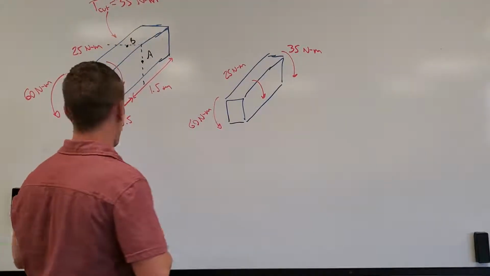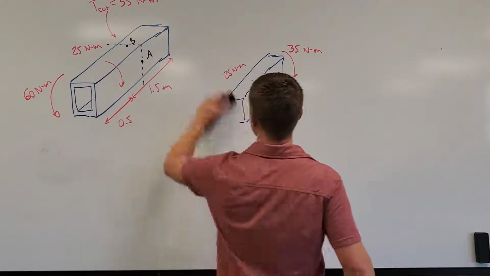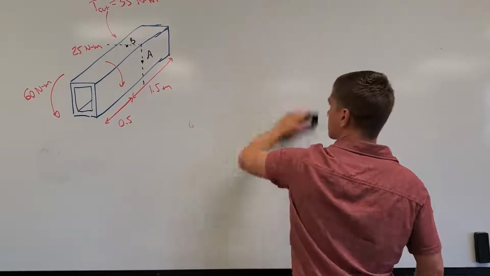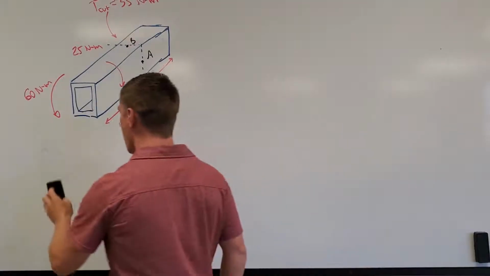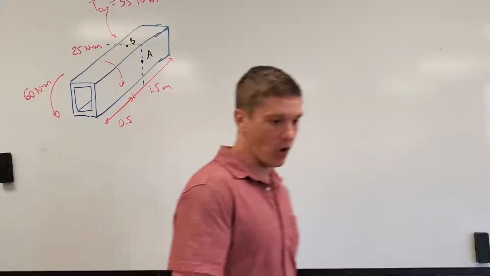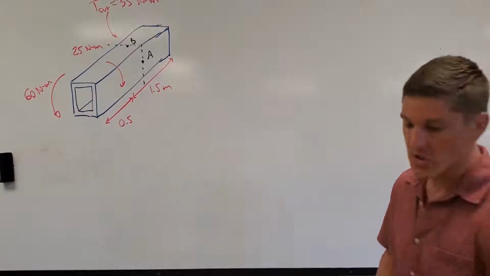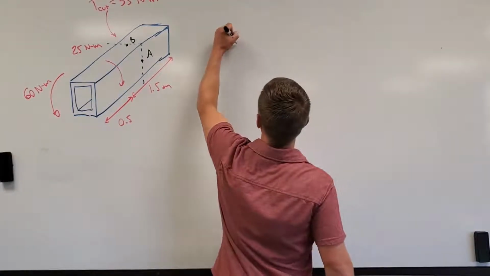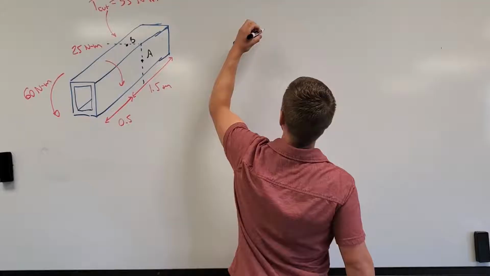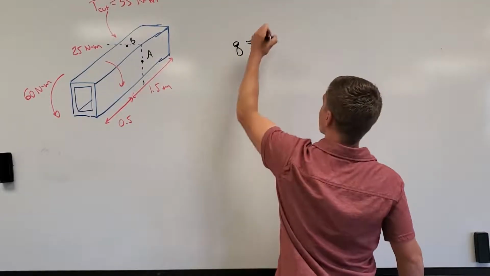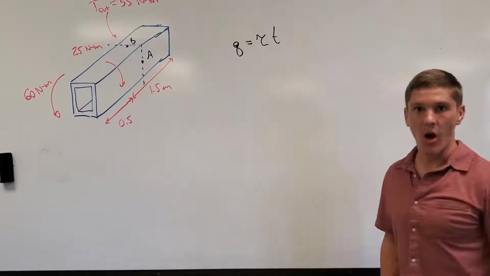Okay, now I'm going to go ahead and erase this diagram right here. And let's go back to what we learned in this section where we defined a term that we called shear flow. So we said that shear flow was defined to be equal to the shear stress times the wall thickness of the shaft.